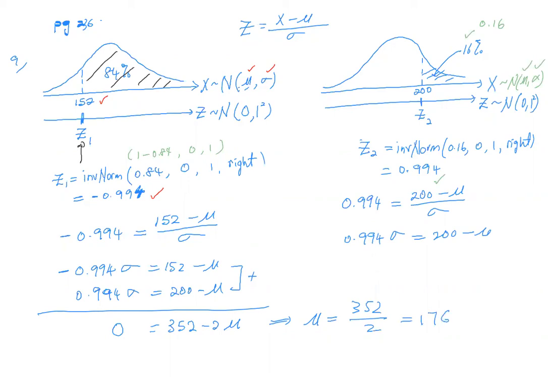See or not? So that is the use of Z-score. Whenever you don't have the mean or the standard deviation, then you have to find the corresponding Z-score, make use of this equation, and get the answer.